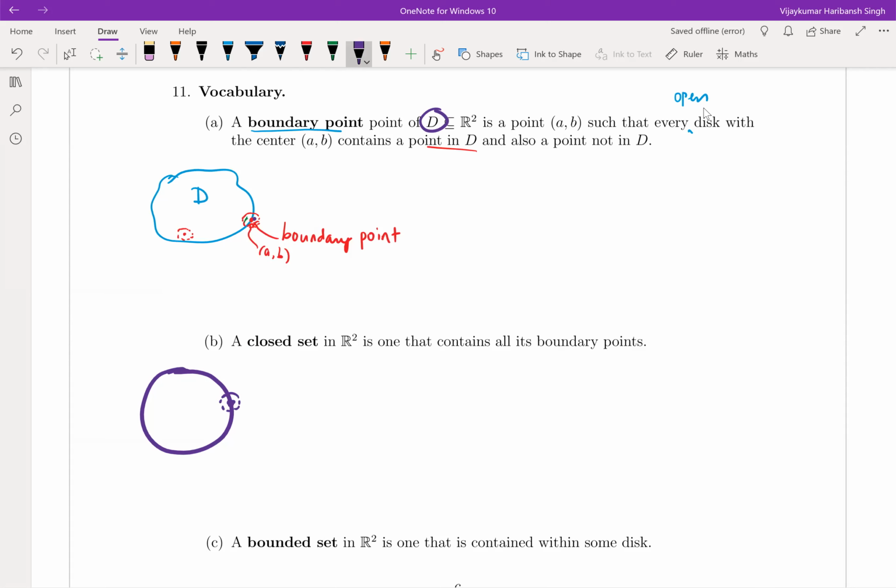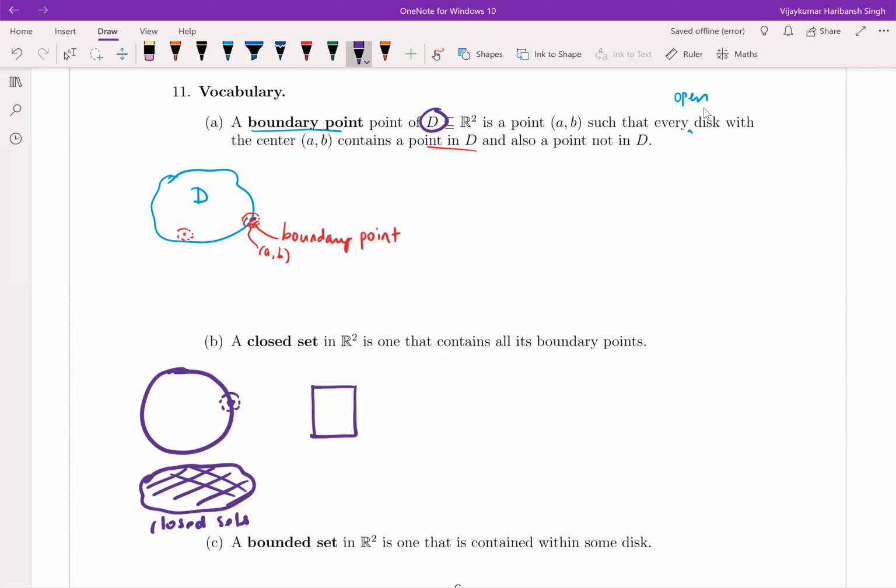Another example is a square. This also contains its boundary points. Another example is a shape like that where the boundary is included. These are all examples of closed sets.